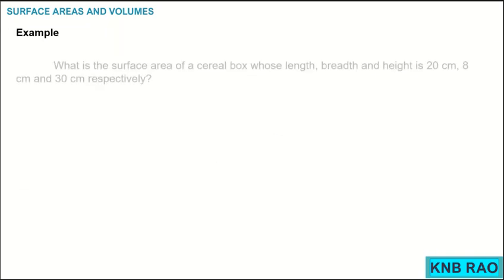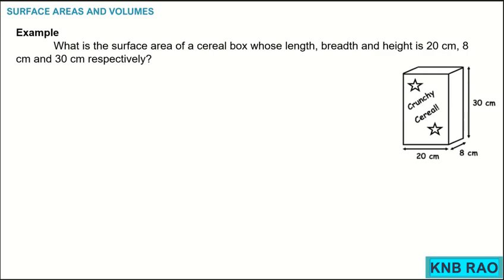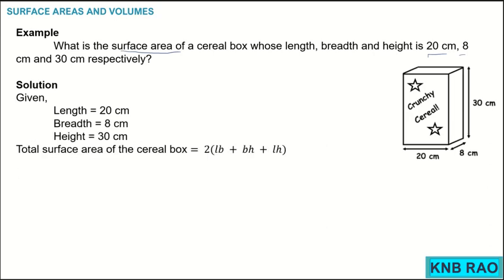Example 1. What is the surface area of a cereal box whose length, breadth and height are given as 20 centimeter, 8 centimeter and 30 centimeter respectively? If you want to find the surface area of this box, it's a cuboid shape, so we will use L 20 centimeter, B 8 centimeter, H 30 centimeter.